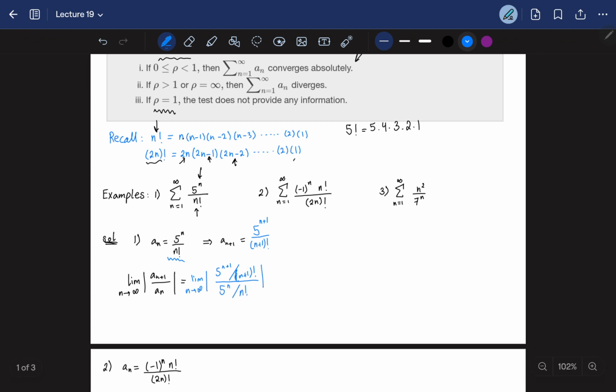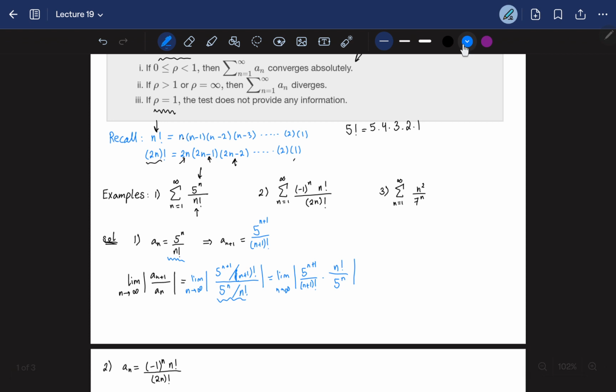Here we're going to use the keep change flip rule since we're dividing two fractions. So that's the limit of, keep the first one, turn the division into a multiplication, and then flip the second fraction. So that's n factorial over 5 to the n, as n goes to infinity.